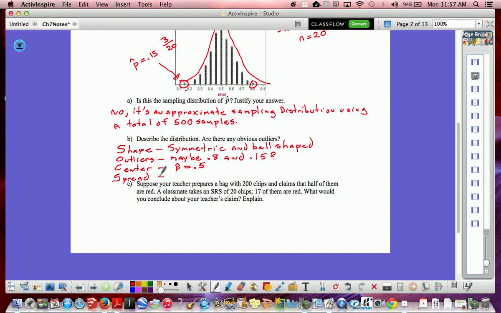Well, we can't really calculate our standard deviation, but I suppose we can talk about spread in the general case. We can state it from the low to the high. So we could say our samples go from 0.15 to 0.80.